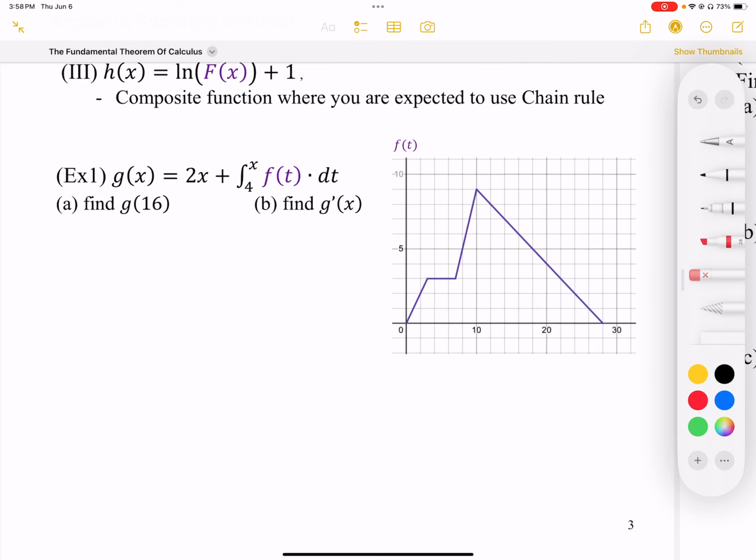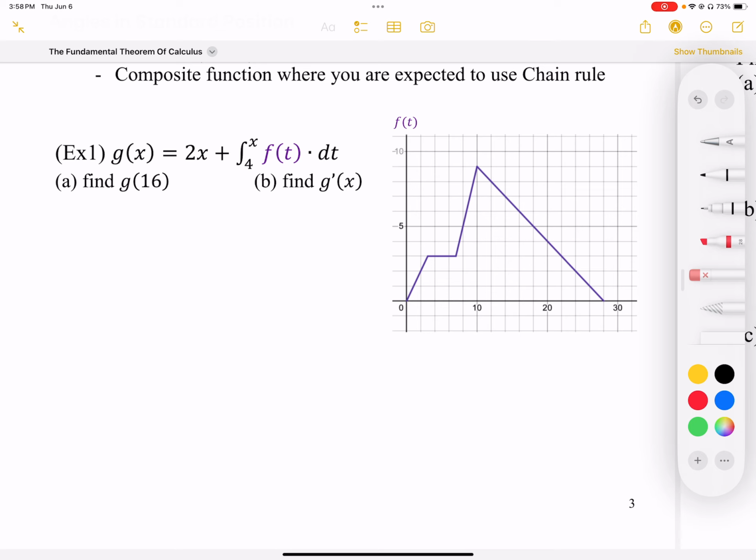So here's an example where we have this g function. It's defined as 2x plus the area under some f function. And we can work out values of g using that 2x part, but also the area under the f function. So an example here says find g of 16.